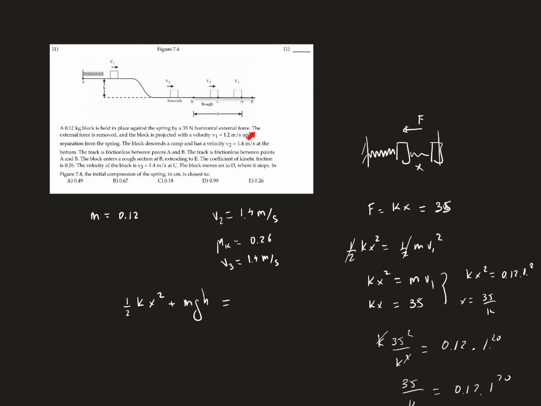Okay, it says the external force is removed. It has like a click here that maintains the force. We do this force during the distance delta x, we do a positive work. So the work that we do is stored in the potential energy of the spring.